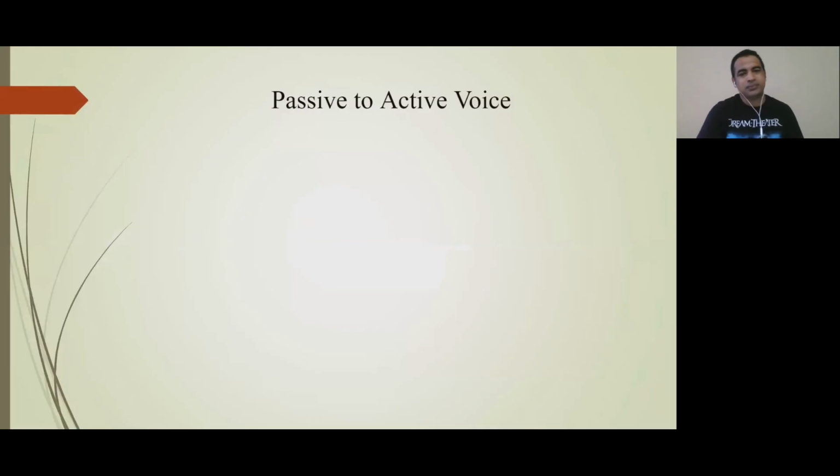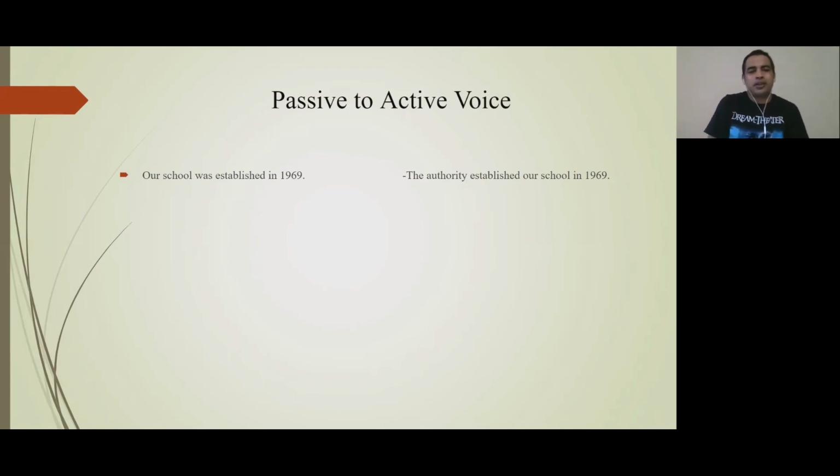Let's go to the next part, passive to active voice. In changing from passive to active voice, we most probably feel difficulty in taking the subject, because in passive voice the doer is in most cases missing.